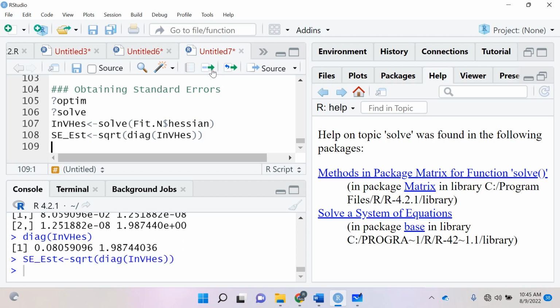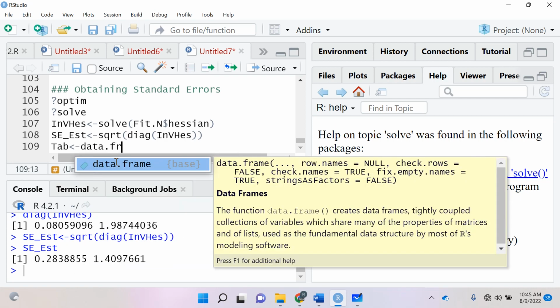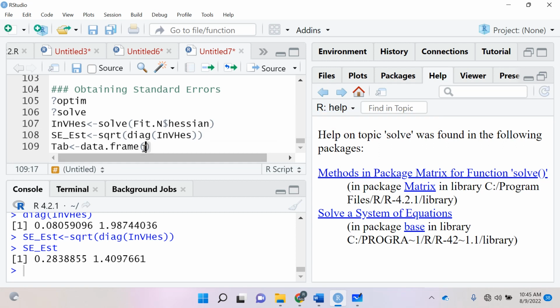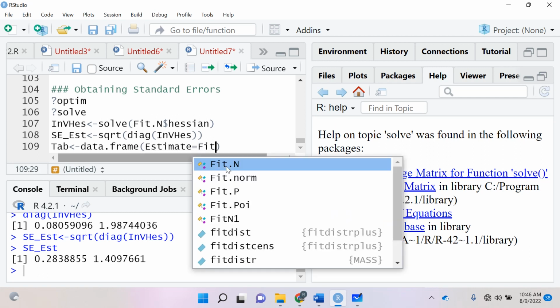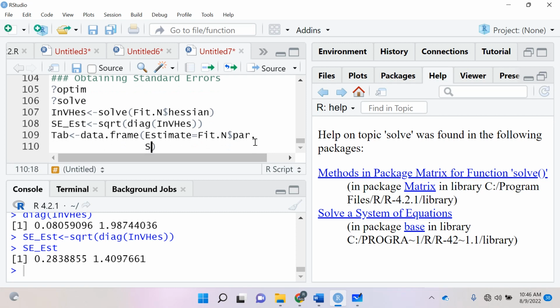So there I have my standard error. What it means is that I can put this in a data frame, and then I have a data frame. After my estimation, I have my parameters. So I will say estimate are the fit n dollar par, and then my next column is standard error.